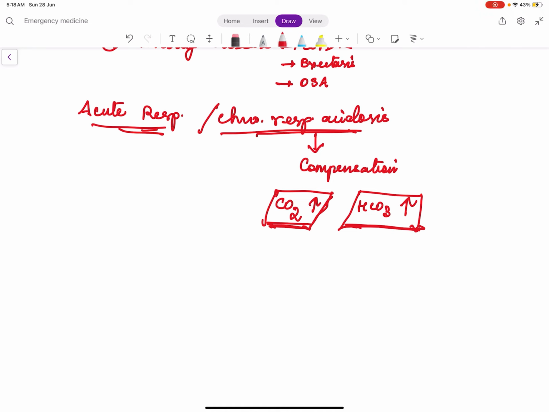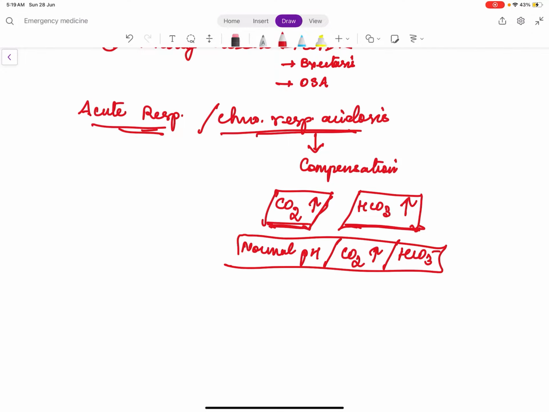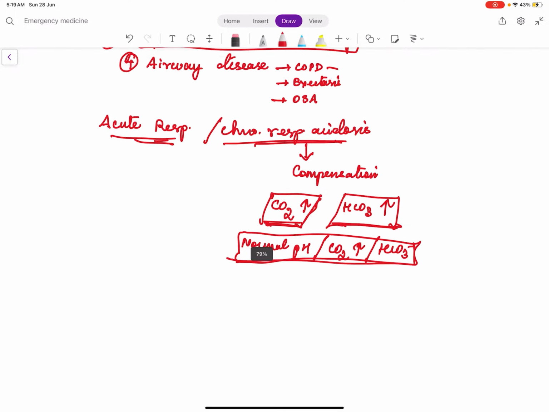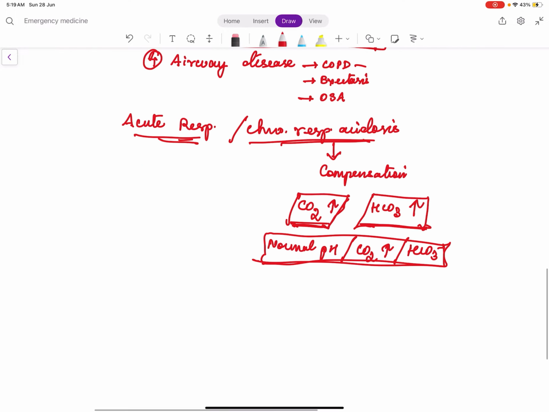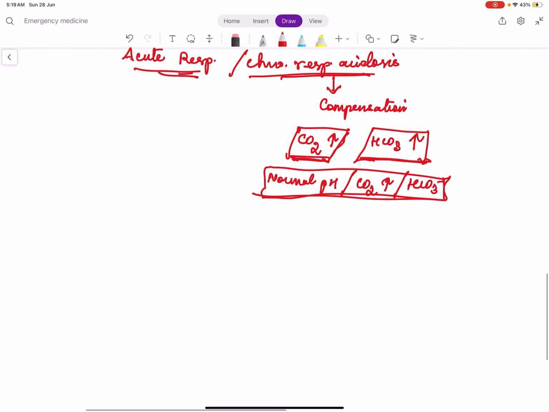So when a patient has a normal pH due to compensation, but the PCO2 is higher than normal and the bicarbonate is higher than normal, this usually means a chronic compensated respiratory acidosis. Just a practical tip, but there are separate formulas which we are not going to discuss since this is a practical class.